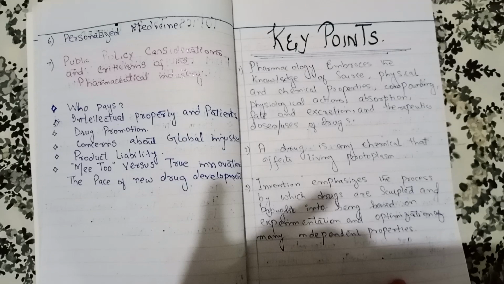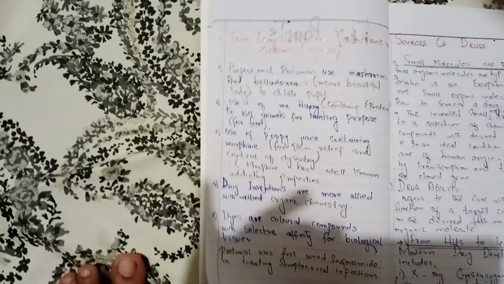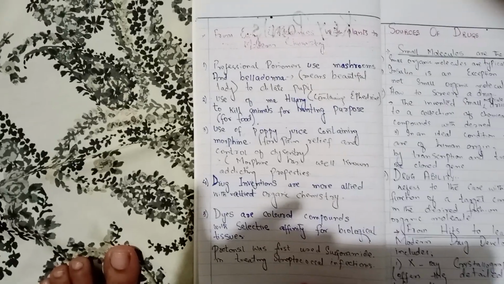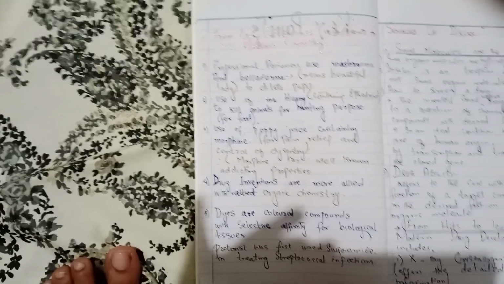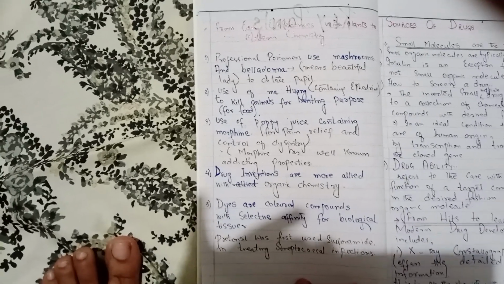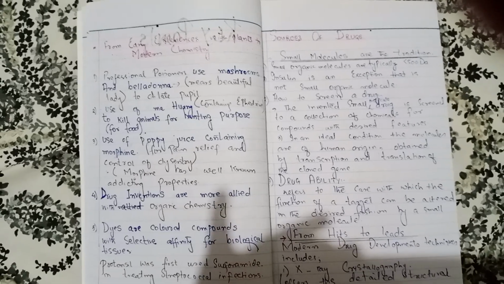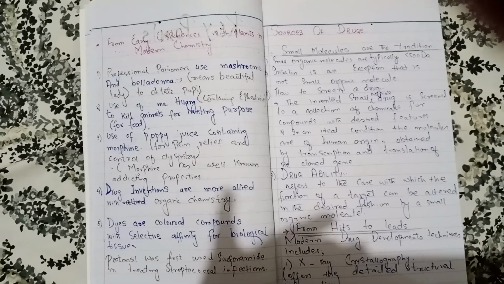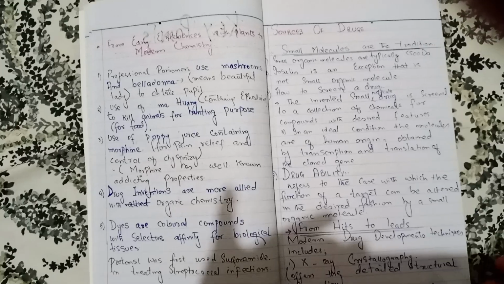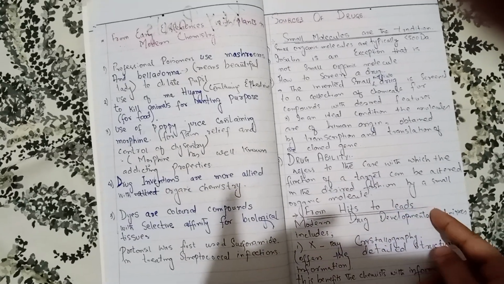You may take a screenshot of all these, and then from early experiences with plants to modern chemistry, you may take a screenshot of it also. These are the key points from the Goodman and Gilman pharmacology. Small molecules are the traditional ones that we started from, and then eventually went towards the large molecules by using these modern drug development techniques.